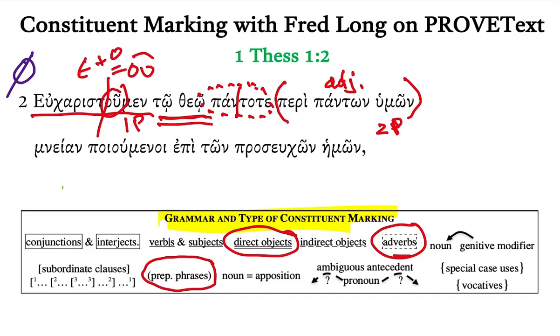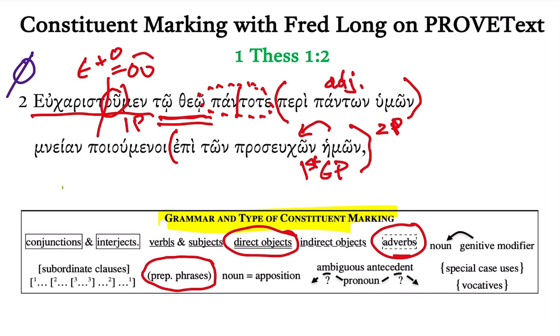All right, so then I come across the second part of this verse, mneian poioumenoi epi tōn proseuchōn hēmōn. So right away, I see a prepositional phrase, and I'm going to start a parenthesis right there, right before epi. And then I see that it ends after hēmōn. Hēmōn is a genitive, first person plural personal pronoun, so it means our.